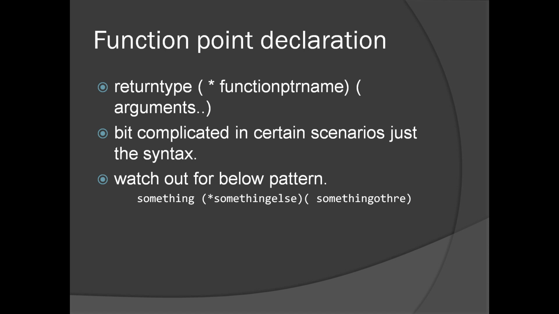This is the general syntax for a function pointer. We have already seen this. The return type, in the previous case it was int, then an open parenthesis, then this star, then the name of the function pointer. The name should come here, and then the parenthesis is closing. After closing this parenthesis, we put the arguments.